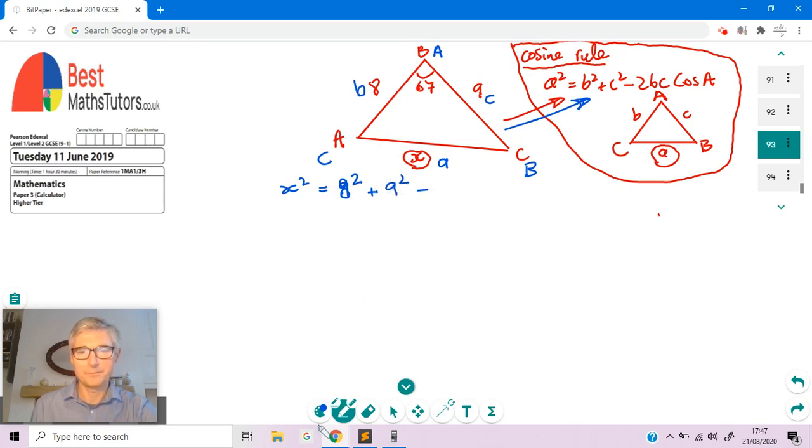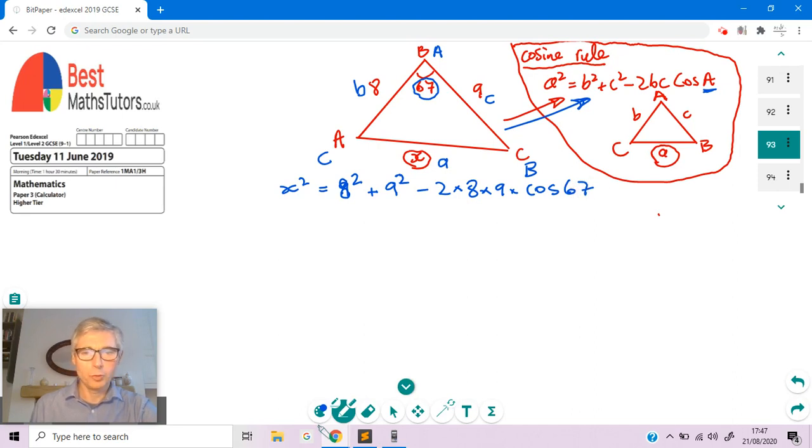And then minus 2 times B, which is 8, and C, which is 9, and then times cosine A, and A is our angle at A. So that's 67.